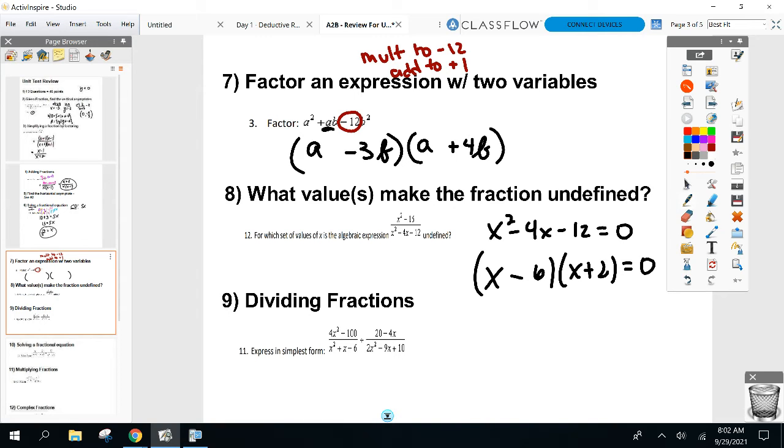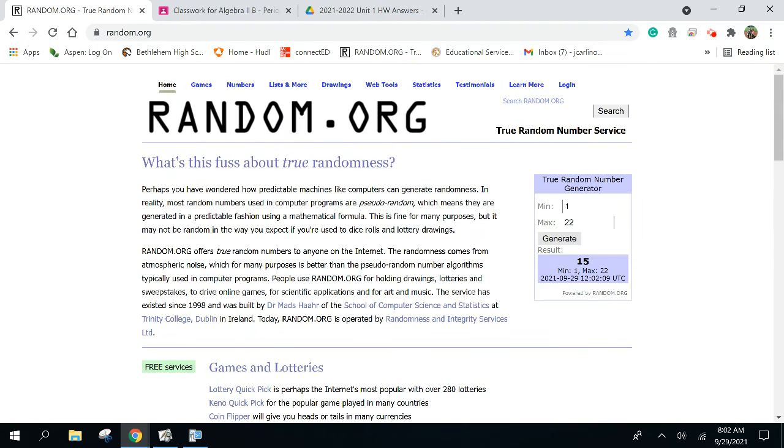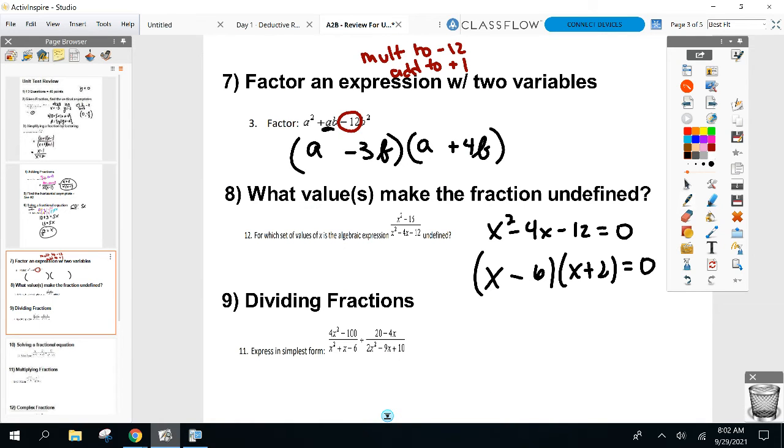What are those 2 answers now that I've factored it just like this? 1, 6. There we go. Connor? Set them equal to 0. Okay. So x minus 6 equals 0. What's the value of x there? 6. So one answer is 6, and the other one is negative 2. So those are the 2 numbers I get. So undefined making an appearance halfway through the quiz.